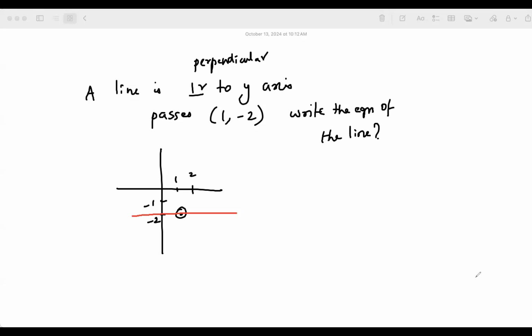You muted me. Sorry, there was something wrong with my audio. It's x equals 2. How much?